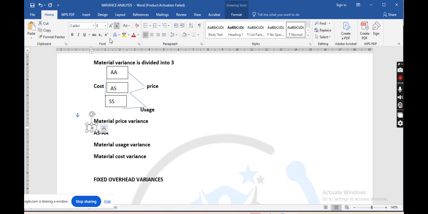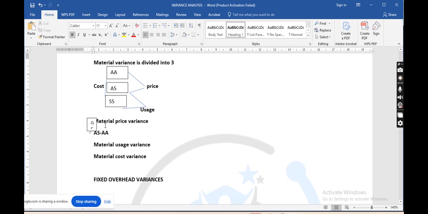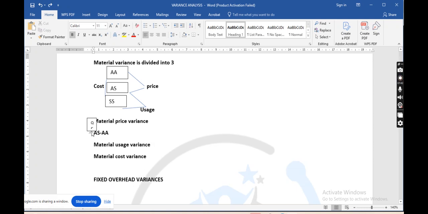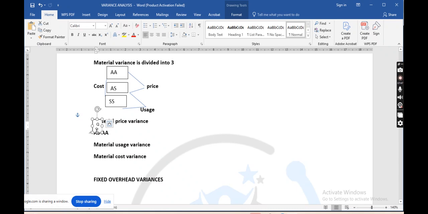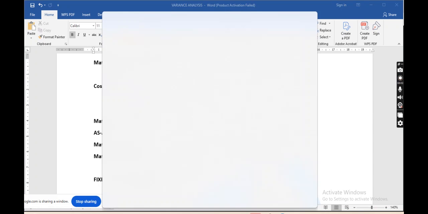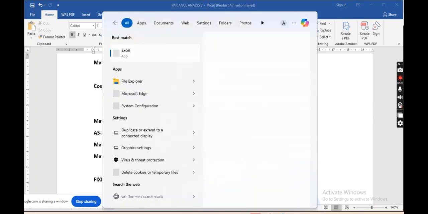Let me see if I can reduce this. Or should I use Excel? I've already started this. Okay, let's use Excel then, because of the power. Just a minute.